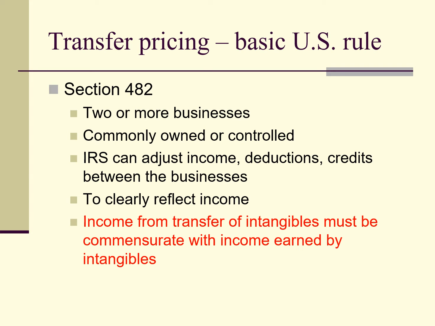In the case of any transfer or license of intangible property within the meaning of Section 936(h)(3)(B), the income with respect to such transfer or license must be commensurate with the income attributable to the intangible.